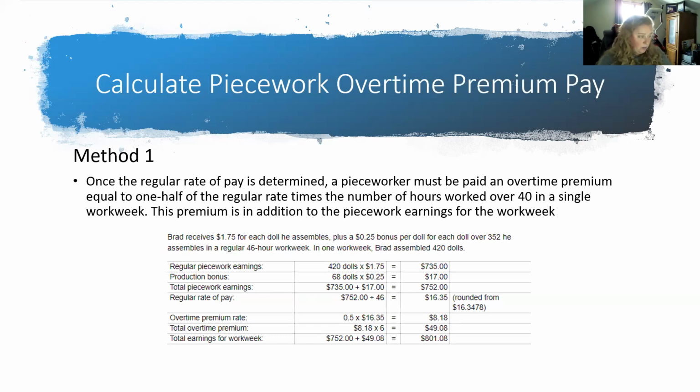His overtime premium rate is 0.5 times that $16.35, and he worked 46 hours in the work week. So 6 times his $8.18 overtime premium rate is $49.08. So he gets a total of $752 plus the $49.08 to get $801.08 for the week.